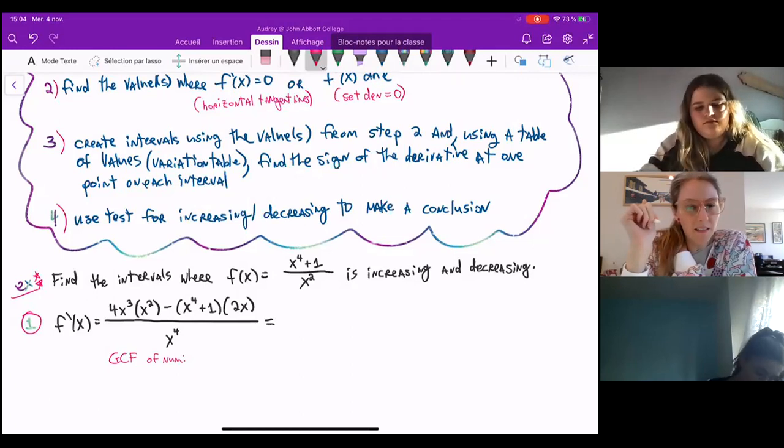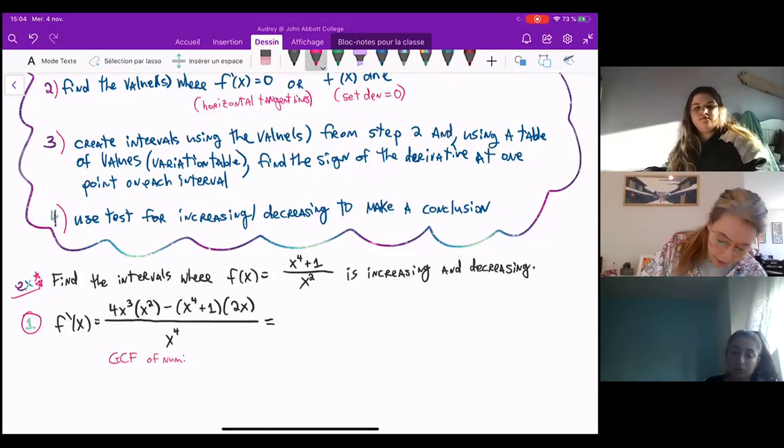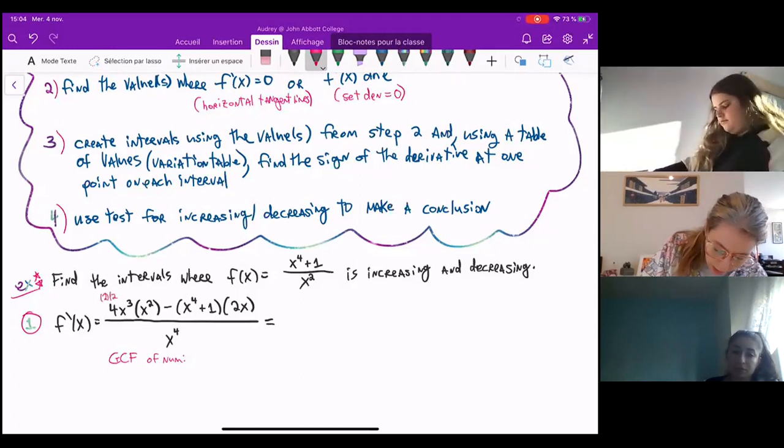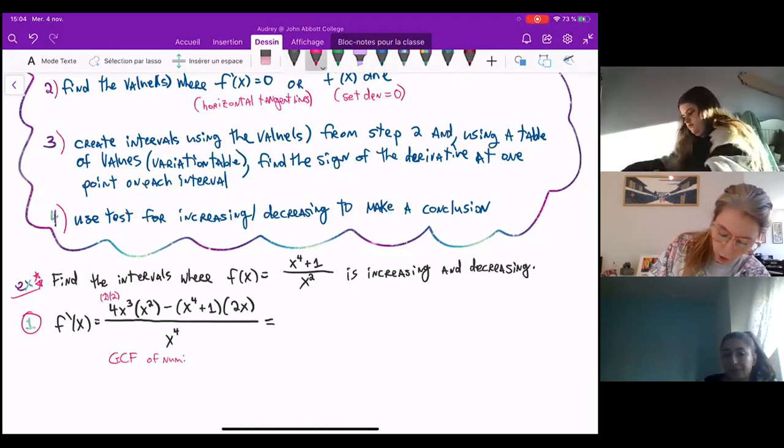Is it just x? Is there also a constant I could bring out? You got it, there's a 2. So in that 4, I can think of 4 as being 2 times 2. So the greatest common factor of the numerator would be 2x.